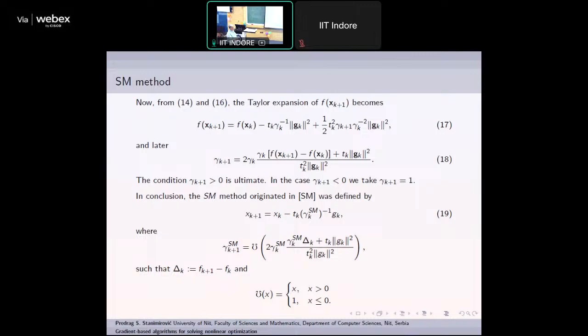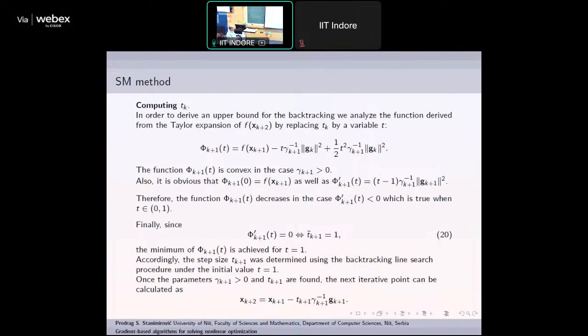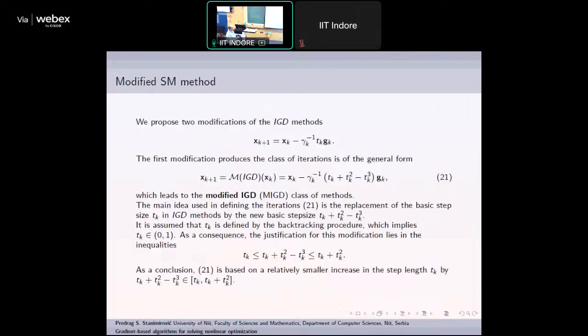When this value is less than 0, then we will use 1, going to the safe gradient descent method. Obtaining a negative gamma is dangerous because then we will go to a maximum, not to a minimum. In that way, we obtain an improved gradient descent method with 2 parameters.